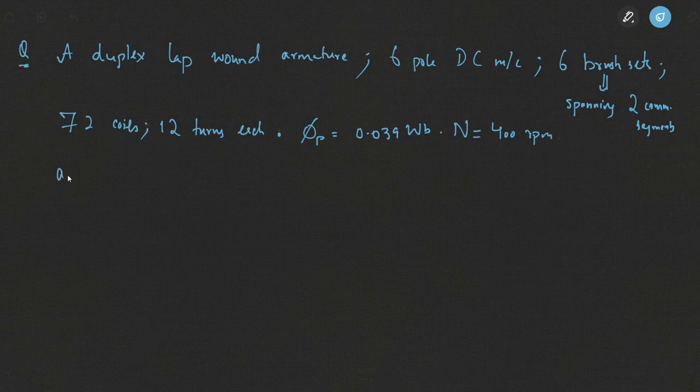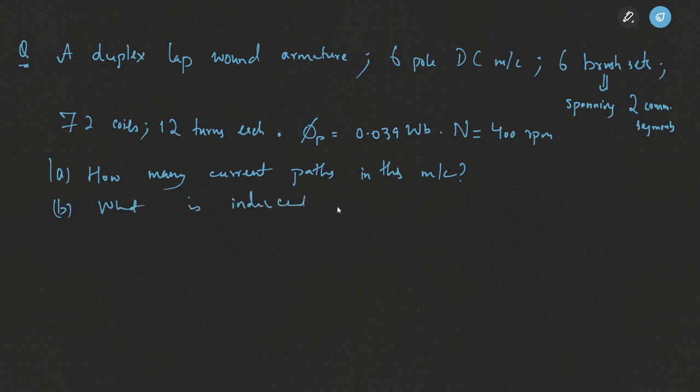So you have been asked, how many current paths are in this machine. This is one part, and in part B, you have been asked to derive the induced voltage, EA.